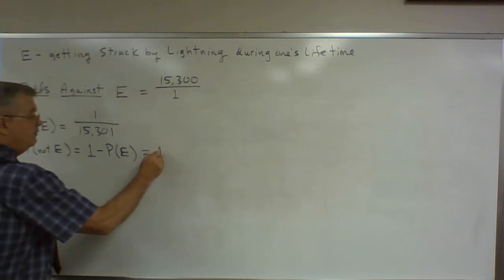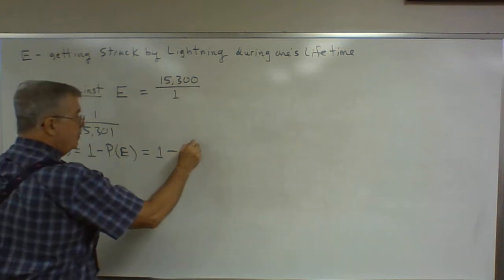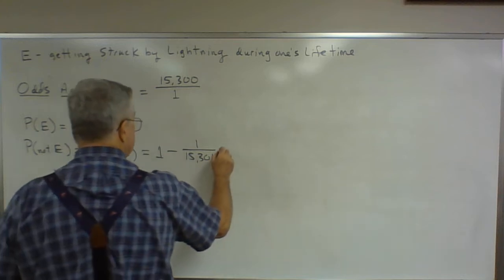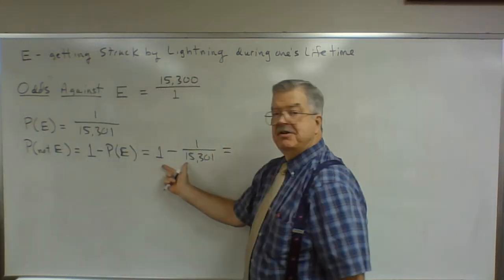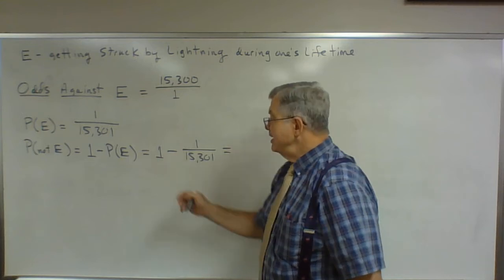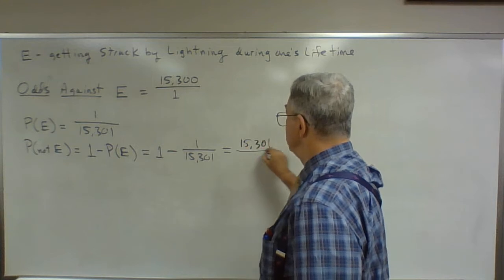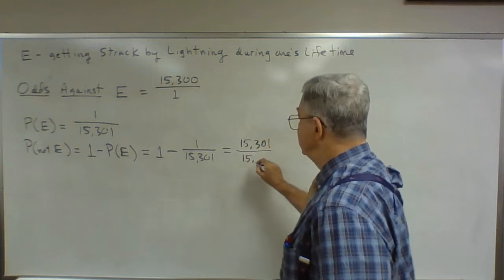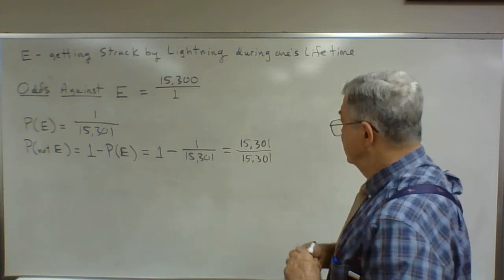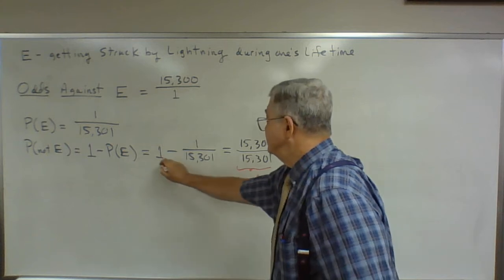That's 1 minus 1 over 15,301. And to do this, well, we got to get a common denominator, right? 1 is the same as 15,301 over 15,301.